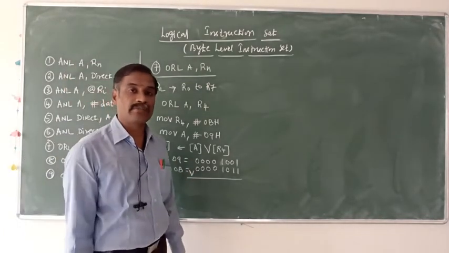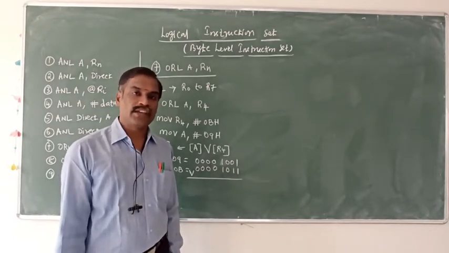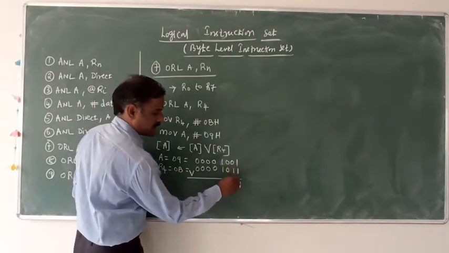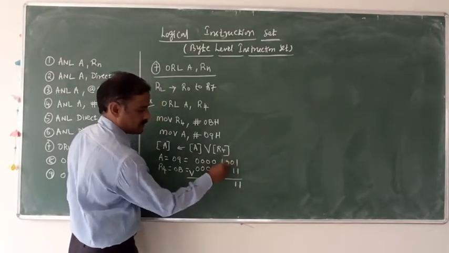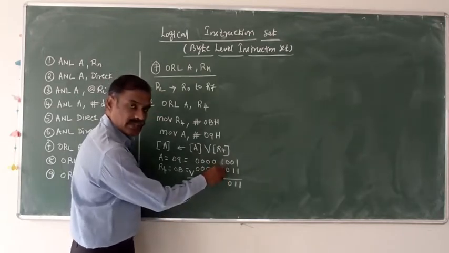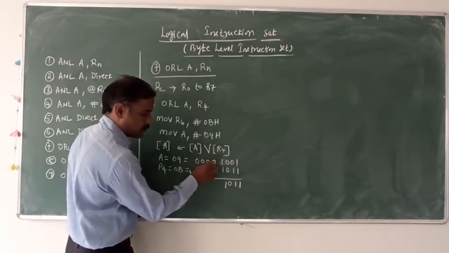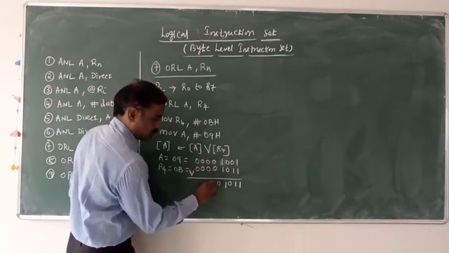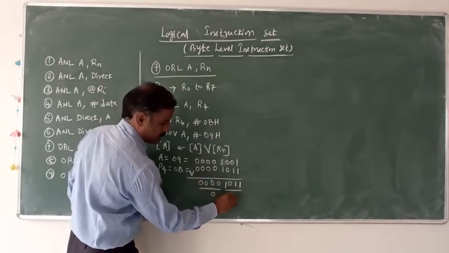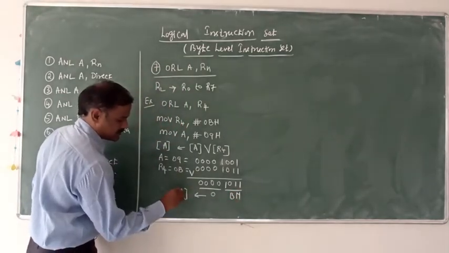If any one of the inputs is high, the output is high. If both inputs are low, the output is low. Here 1, output is 1. Here 1, output is 1. Both are low, output is low. Here any one input high means output is high. Here both inputs are low, so the output is low. Now the result 0BH moves to the A register.